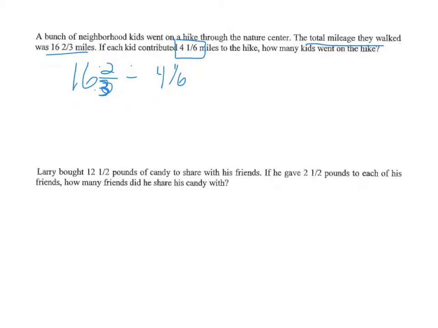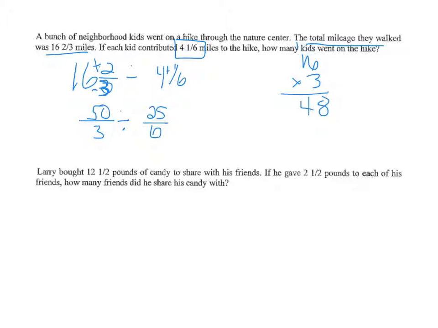So 16 times 3, again, if you need to write it off to the side, please do. 3 times 6 is 18, carry the 1, 3 times 1, so 48, 49, because we have to add this. So now we have 50 thirds divided by 6 times 4 is 24 plus 1 is 25 sixths.